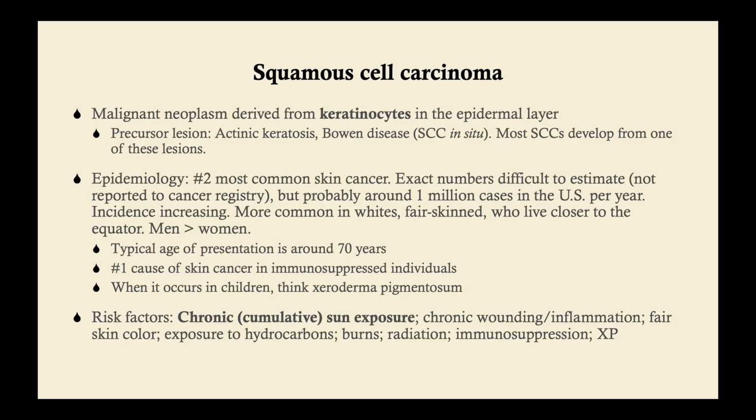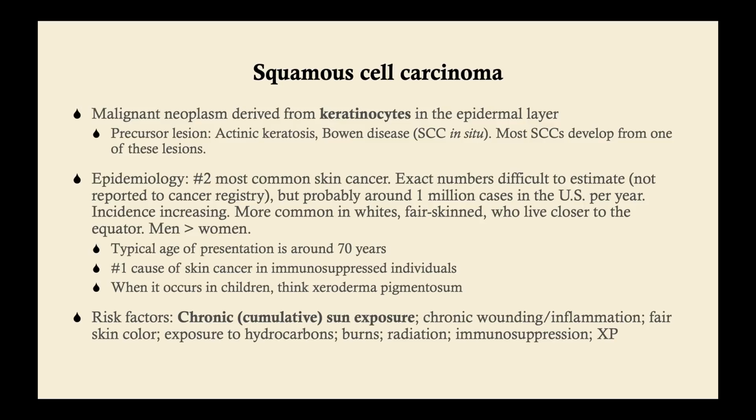The big one for immunosuppression are organ transplant recipients who are on immunosuppressants. Bone marrow recipients, people who are HIV positive, who have a history of autoimmune or rheumatic disease and are taking medications to that end, they all have an increased risk.